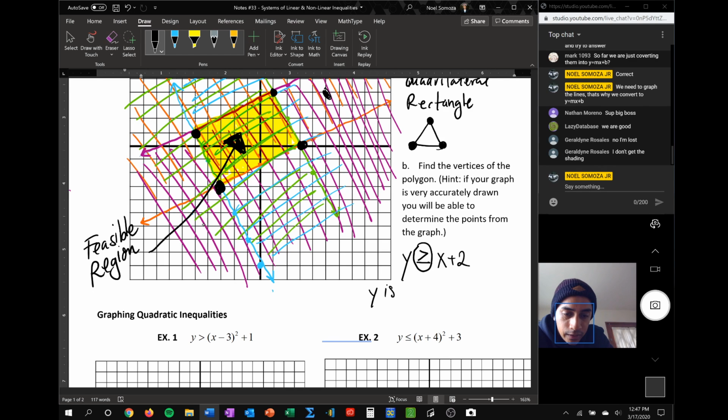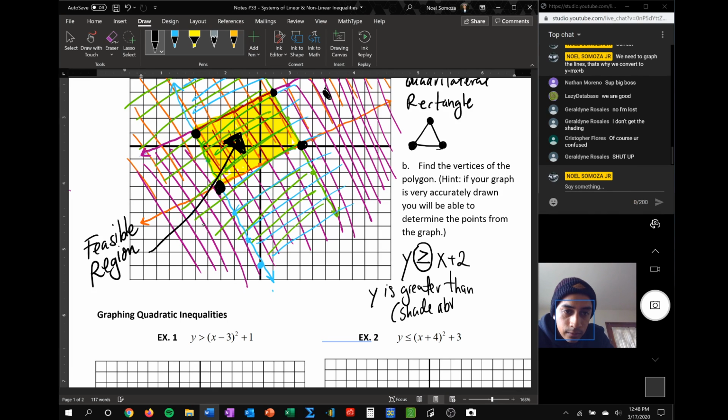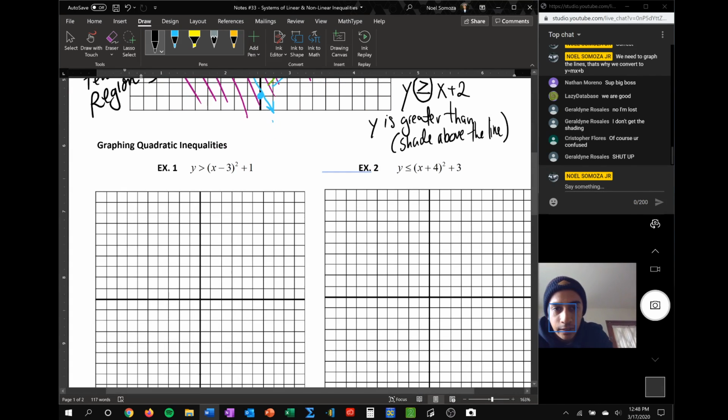Because the mouth is open towards y, you say greater than or equal to. If it's greater than, you shade above the line. Okay, so let me just sketch something random down here.